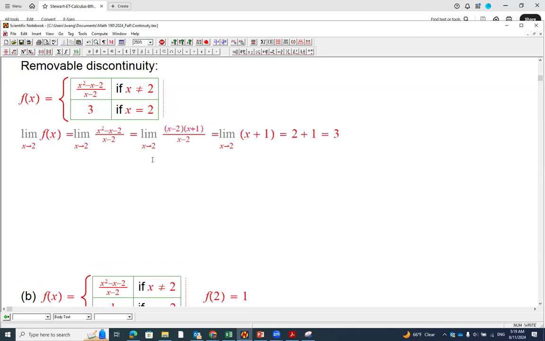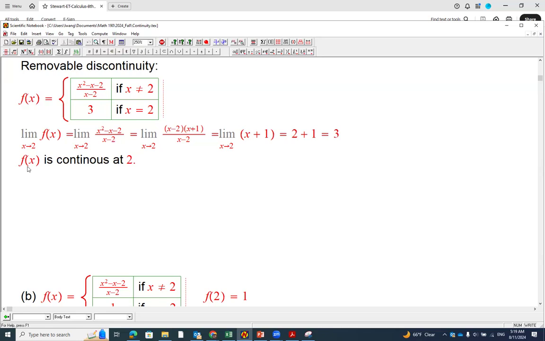We quote that part: the limit at 2 is 3. So we just take that 3 to define the function value at 2 to be 3. Now all 3 conditions are satisfied. So this redefined function is continuous at 2 now.